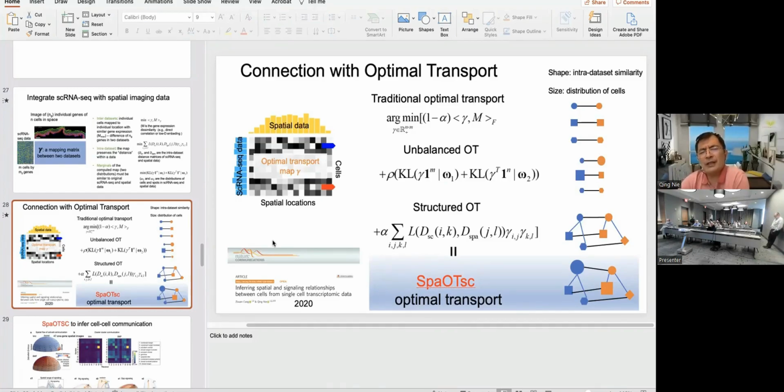And then very recently we started the effort of using dynamic optimal transport to connect in time. Then you get more differential equations, and the computation becomes more challenging. The advantage is you have a continuous description.